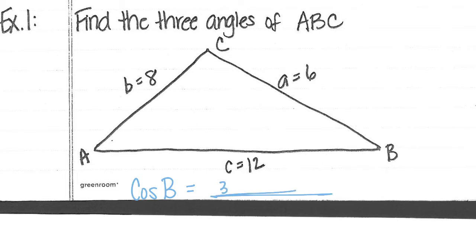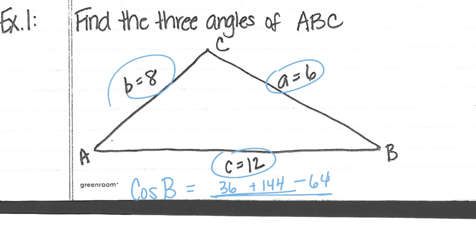So we have 36, that would be 6 squared, plus 144, minus 64, all over 2 times 6 times 12. And when you solve this, you get the cosine of B is equal to 0.8055. Second cosine, second angle. And what do y'all get for the angle of B?